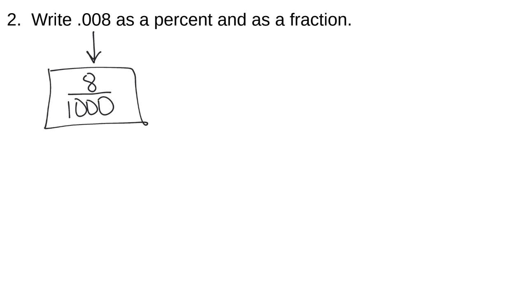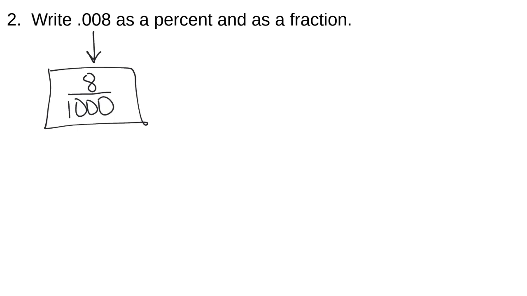So we could write this as a fraction by just reading it correctly. Read correctly, that decimal is 8 thousandths. So we would write it 8 over 1,000. That is the fraction that represents the same value as 0.008.